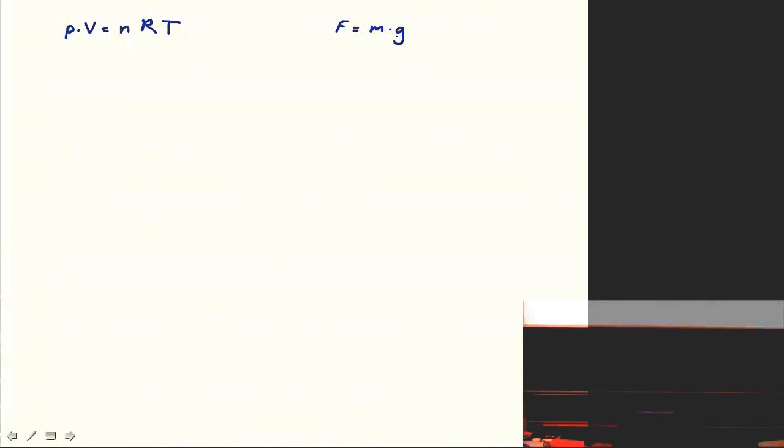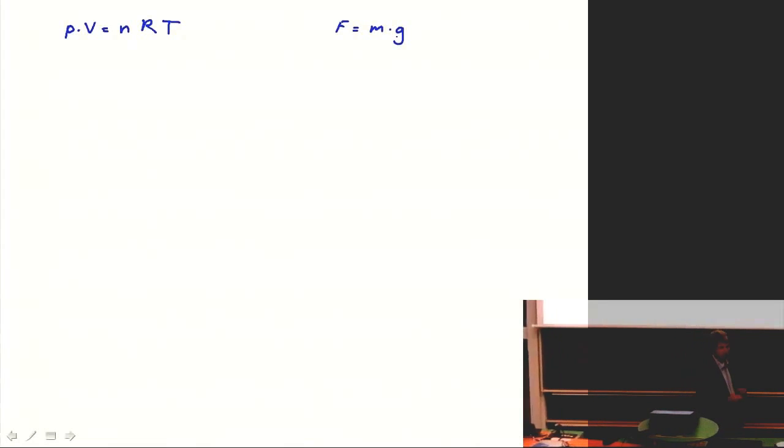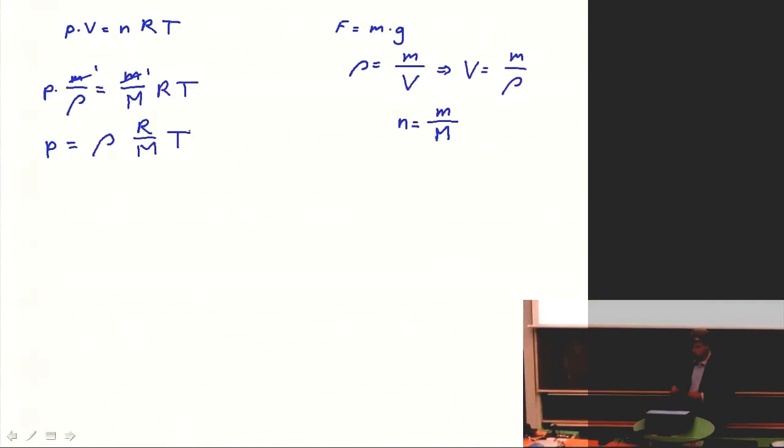Which means we can also write this as P is rho times R divided by the molar mass times the temperature. And most of the time we will be talking about air. That means that R divided by M, well, air is a mixture, and we will be talking about the same R and the same M all the time.